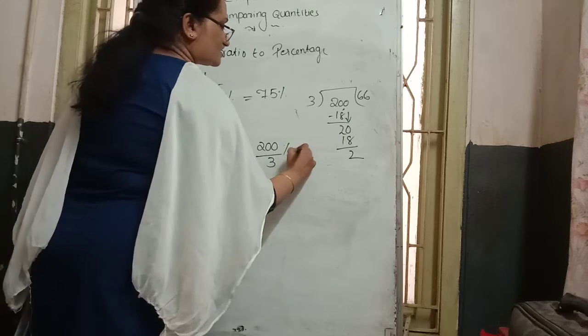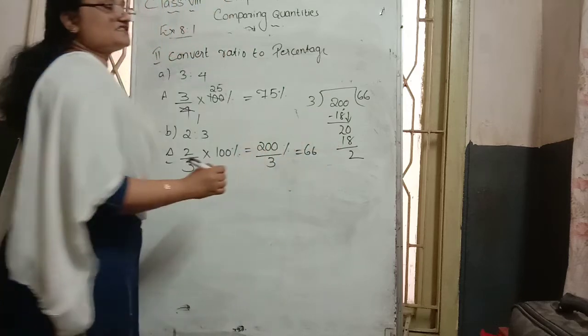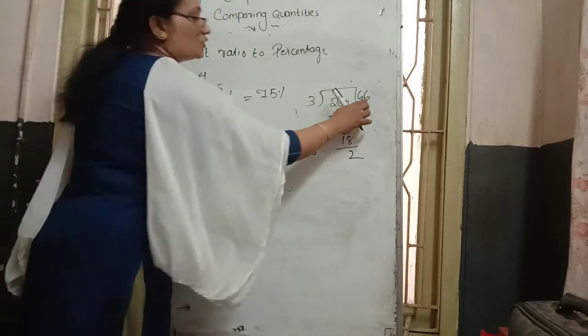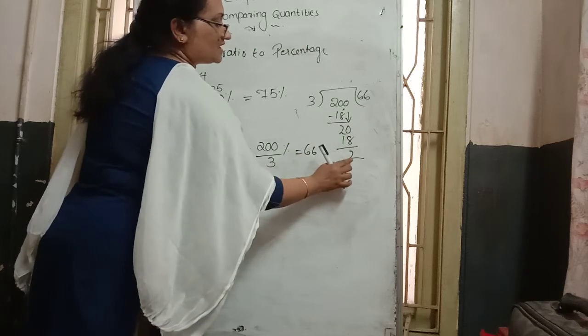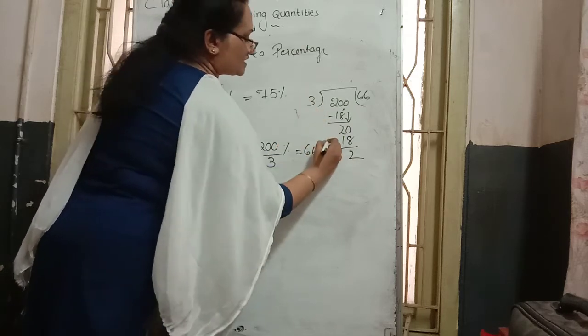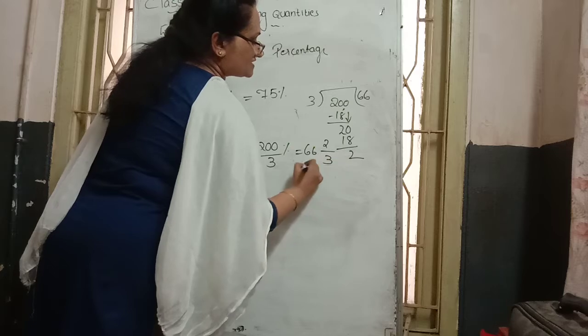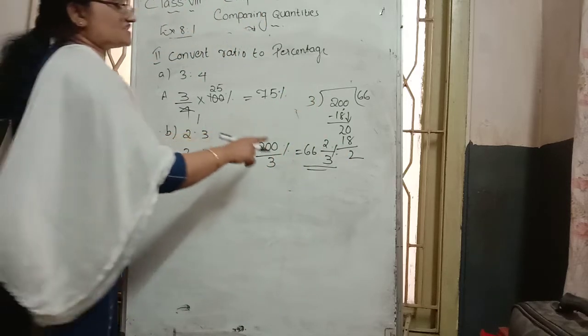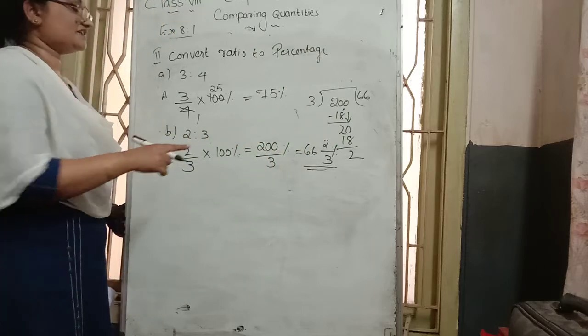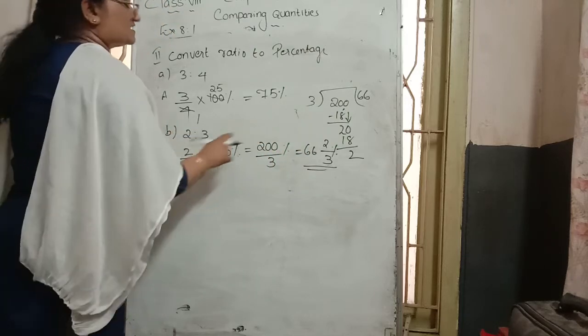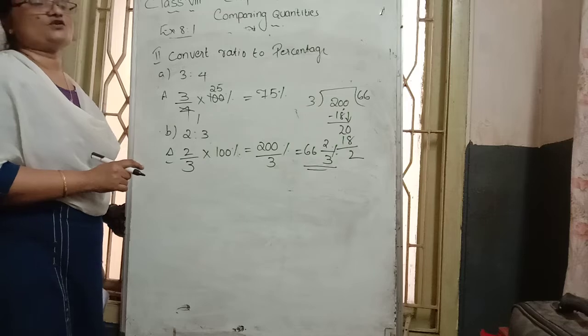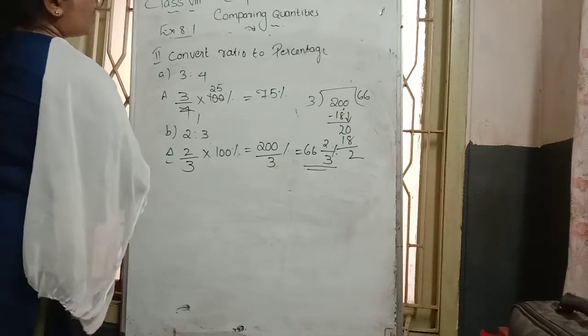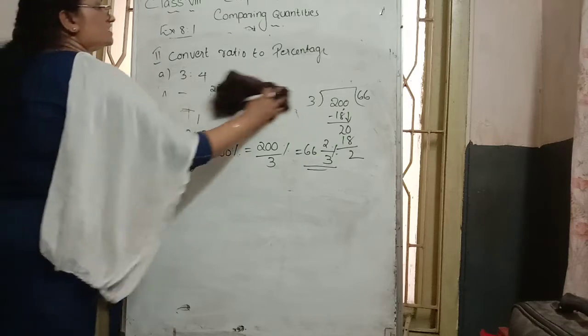So how do we write 66 in mixed fraction form? Quotient plus remainder by divisor. The remainder is 2, the divisor is 3, keeping the percentage symbol. So 66 and 2 by 3 percent is the percentage of 2 is to 3. I hope you can understand this method of converting a ratio to a percent.